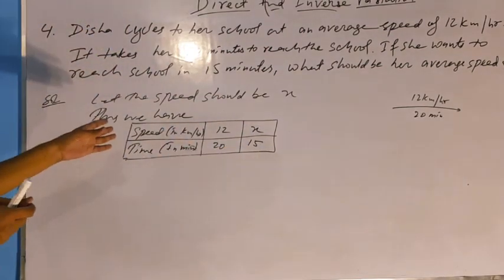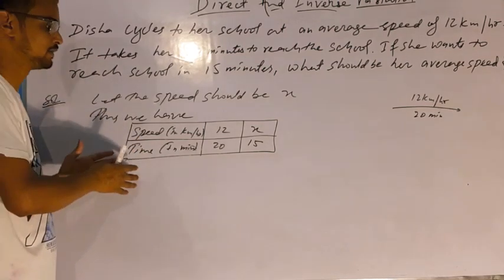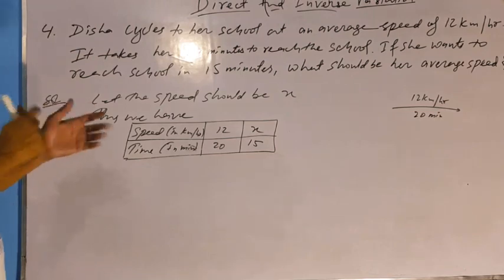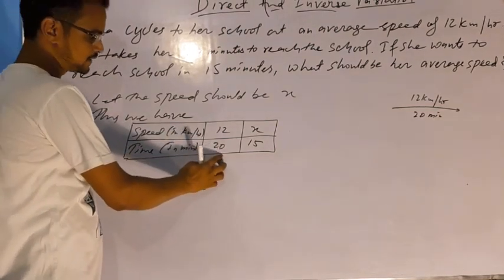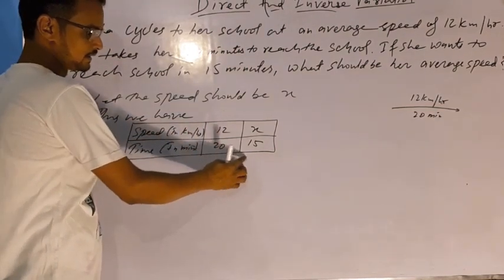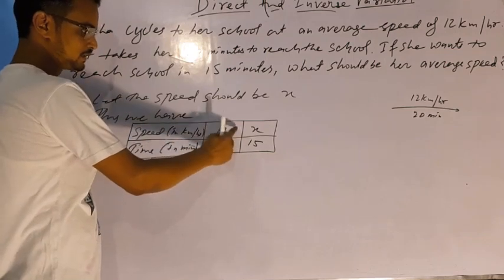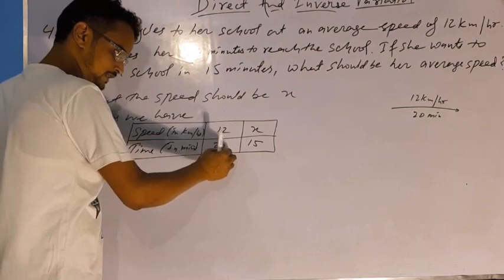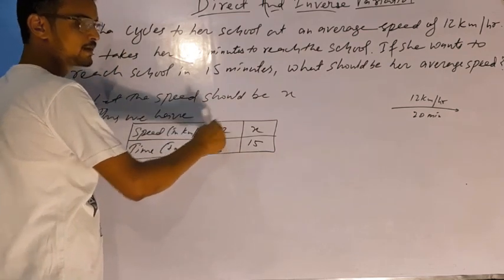Here we will understand whether it is a problem of direct variation or inverse variation. Just consider the case: whenever we have to reach anywhere in less time, we have to increase our speed. अगर हम लोगों को कहीं जल्दी पहुंचना है तो हम लोगों को स्पीड को बढ़ाना पड़ेगा.